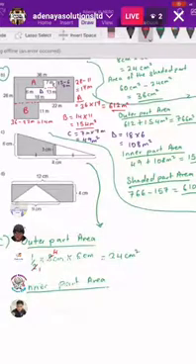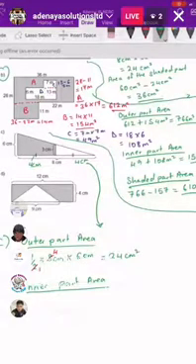So this line here is equal to the other line. That means 8 divided by 2 is 4, so this side is 4 centimeters and 4 centimeters here as well.